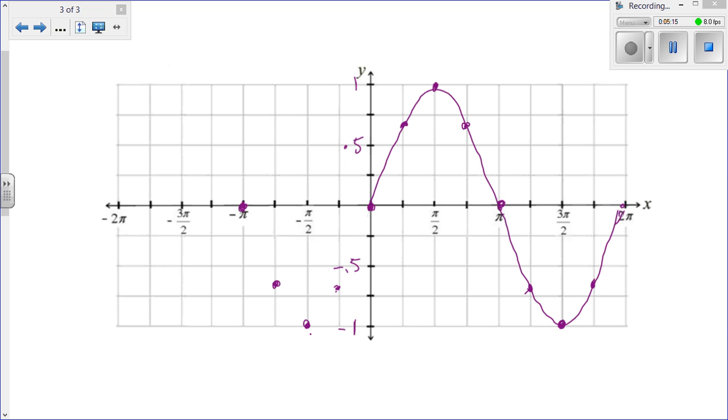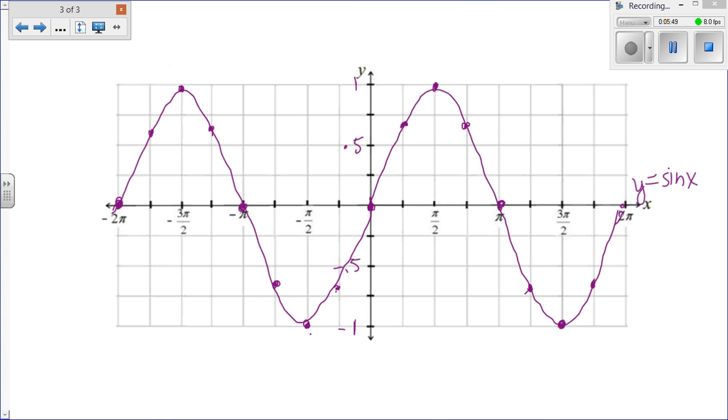We've got 0.7, at negative 3 pi over 2 we have 1, 0.7, and at negative 2 pi we have 0. So my curve is going to come right back through. And we label it with y equals sin x. Now, that is my curve.